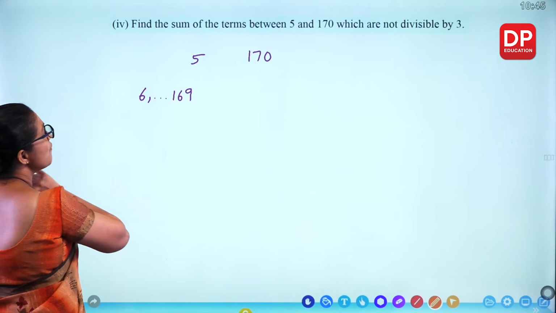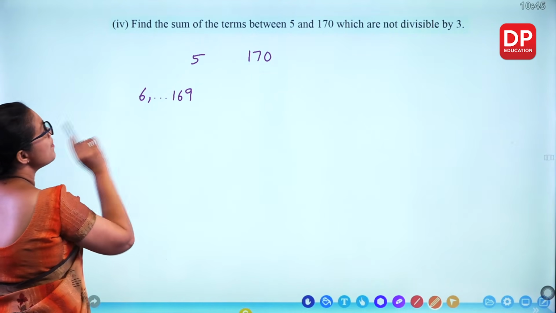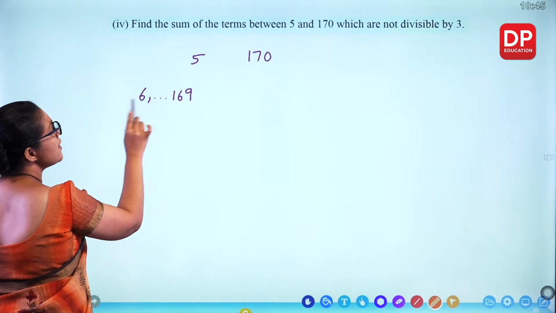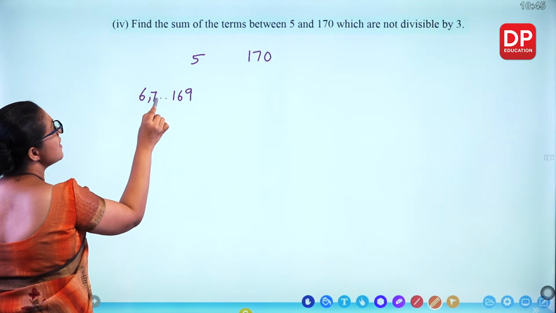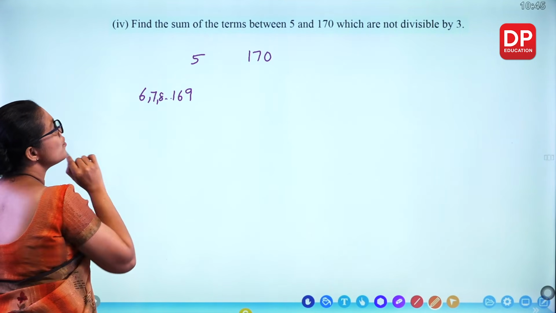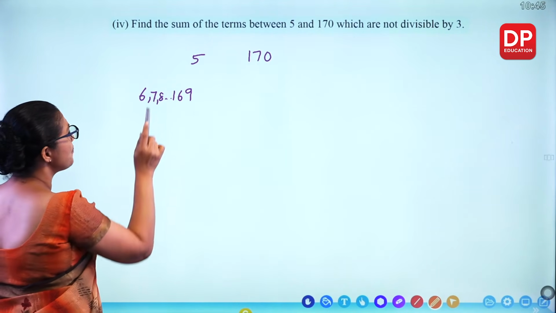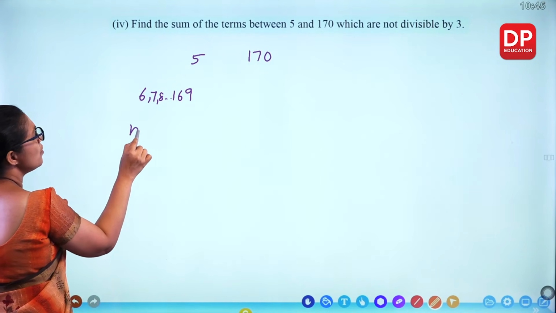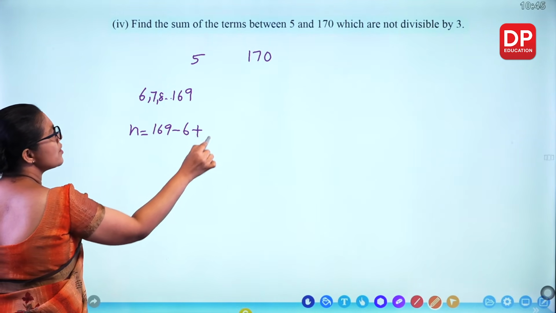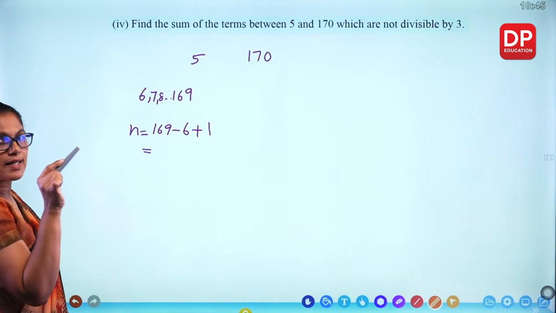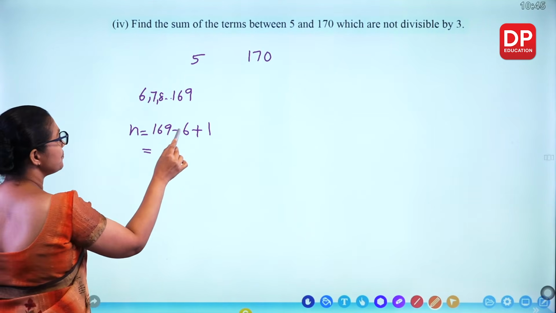Okay, so first we'll find the sum of all numbers here. How can we find n here? All numbers are there, 6, 7, 8 like that up to 169. How do you get the number of terms? We subtract these two, 169 minus 6, and add 1 to that. You get how many terms are there if the difference is 1.